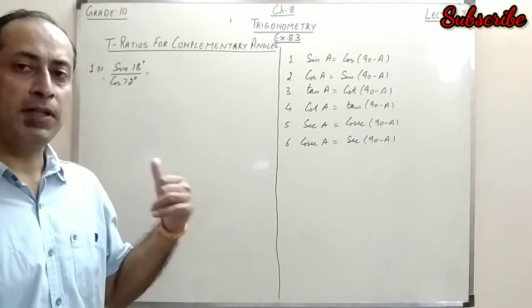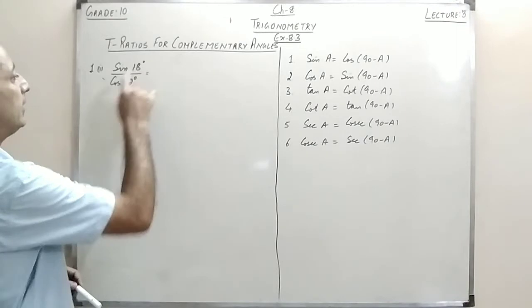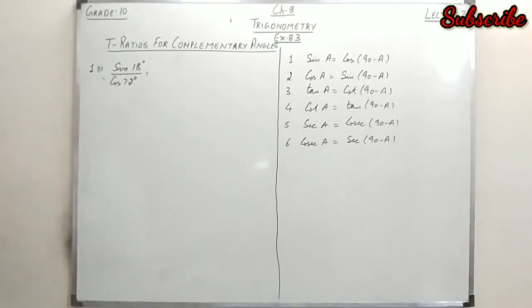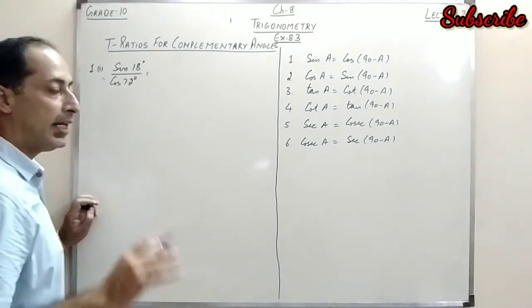So, how do we simplify this using these relations? You can see clearly 72 plus 18 is 90. It means these two angles are complementary to each other. So, I can change either of these two.